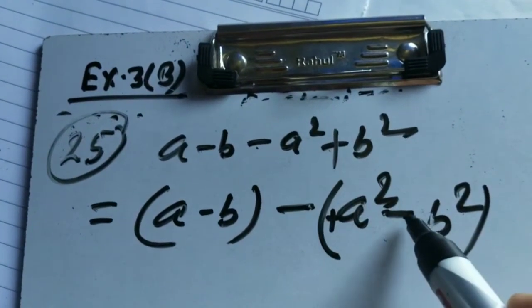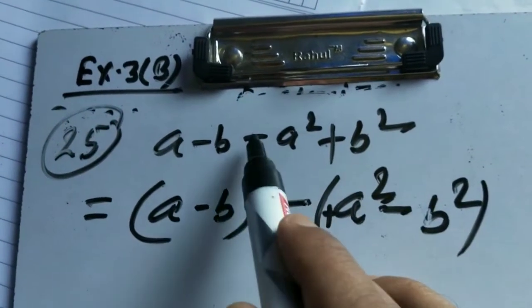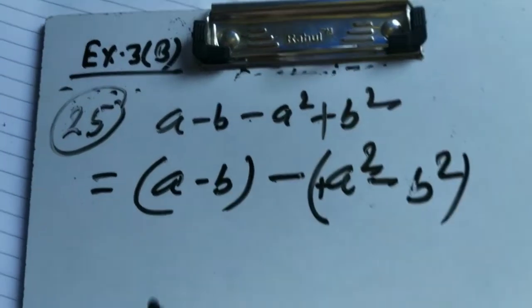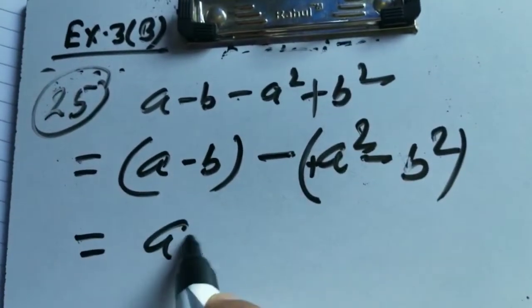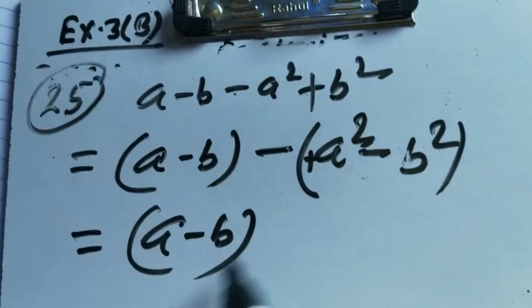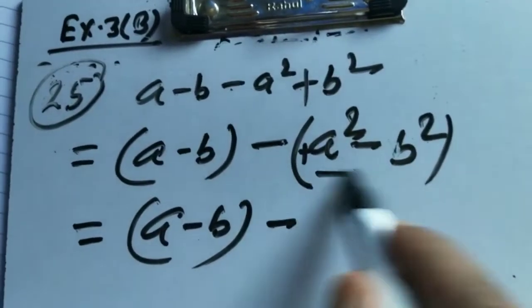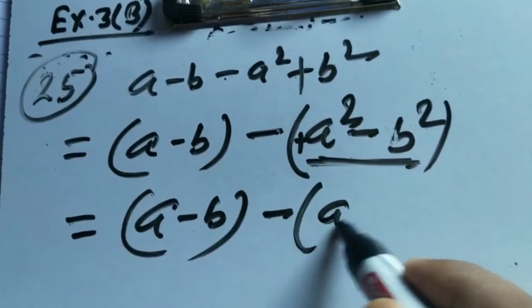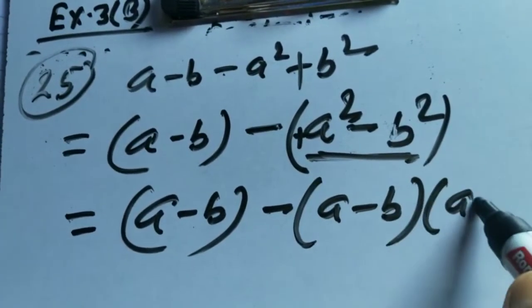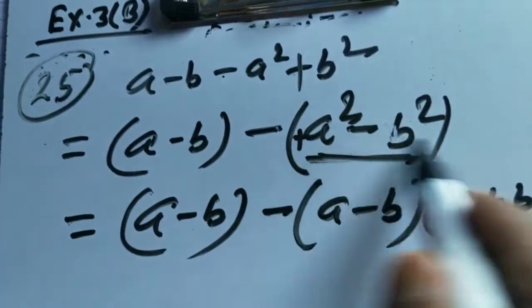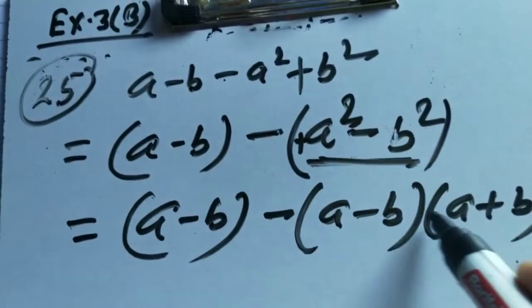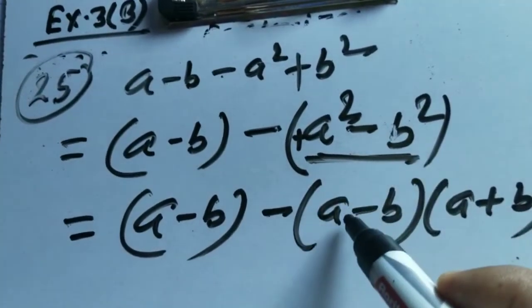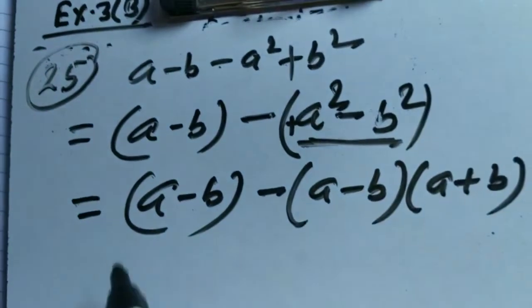Plus will be changed into minus and minus will be changed into plus. Now this is your a minus b and this is the identity itself, a square minus b square, which is equal to a minus b and a plus b. So write it, a square minus b square is equal to a minus b and a plus b.